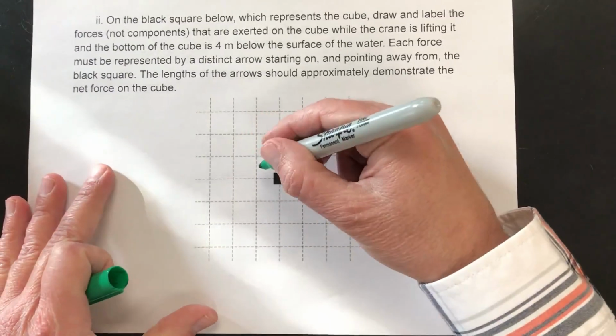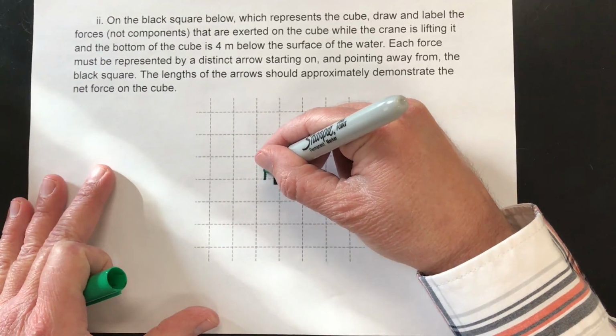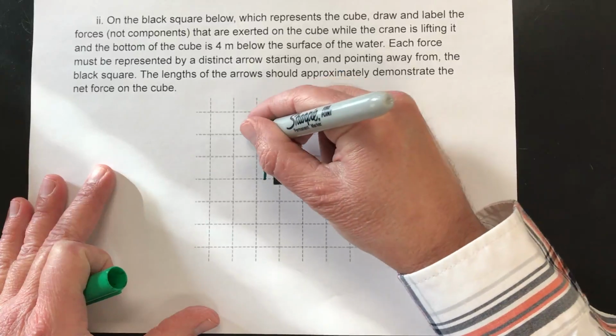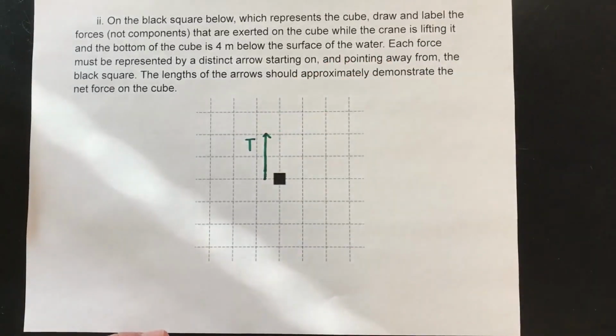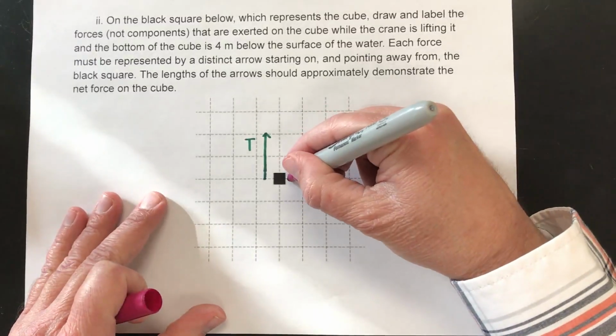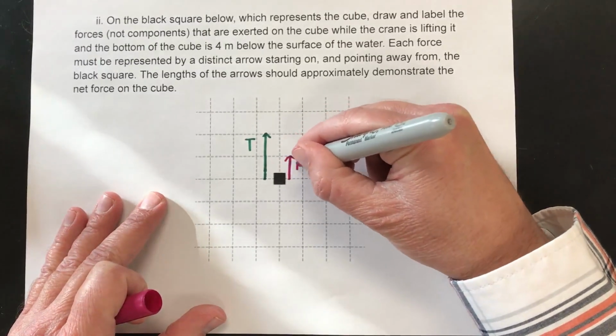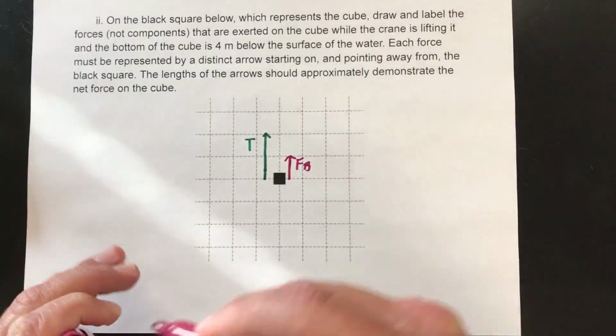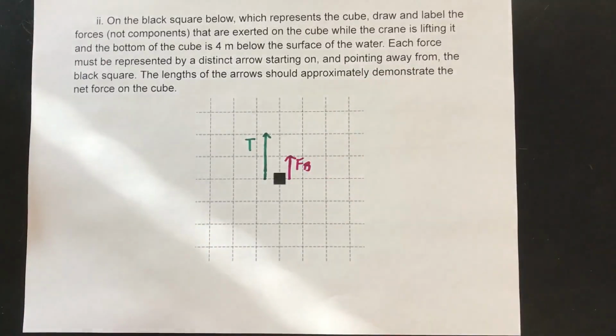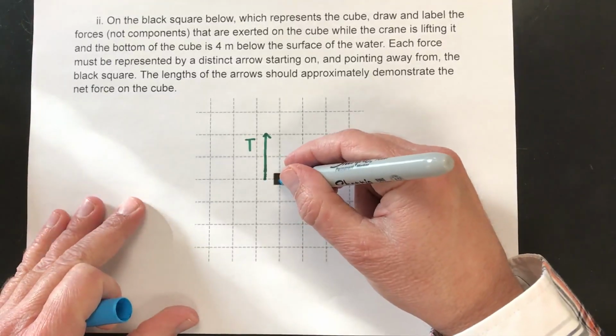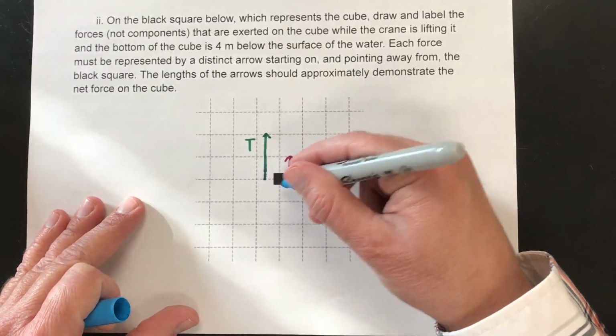Okay, so I'm just going to draw here, let's say, the tension up like that. And then we've got another force up right here, the buoyant force. Now, you don't know yet which is bigger. That's not super critical. And then it's going at a constant speed, remember, so the net force is 0.